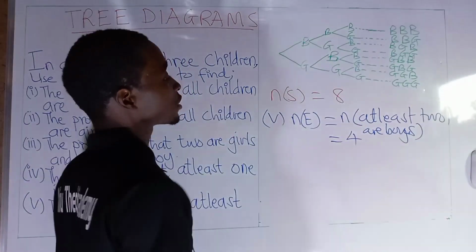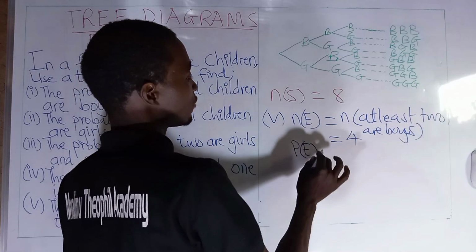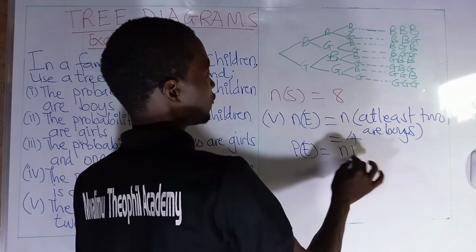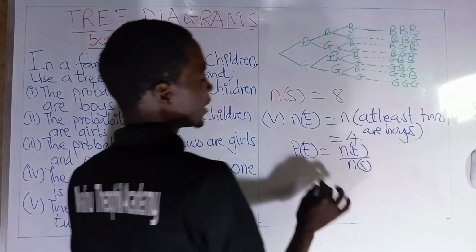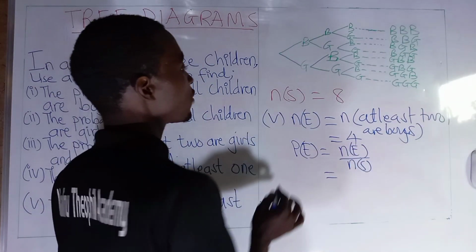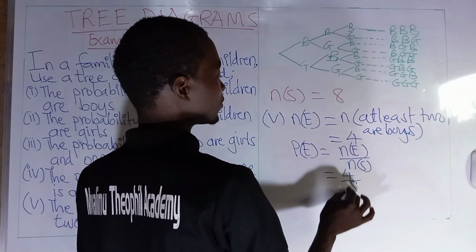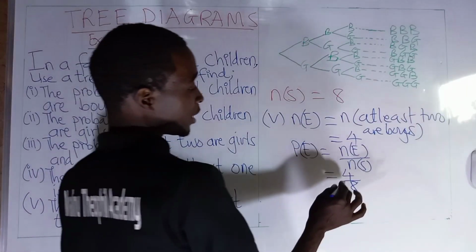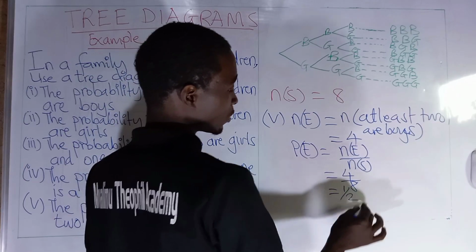Now, this is the number of events for the probability of an event. Probability of an event is equal to number of events over number of sample space. Now, it will be equal to number of events, which we have 4, over 8, which is number of sample space. When we simplify, we get 1 over 2.